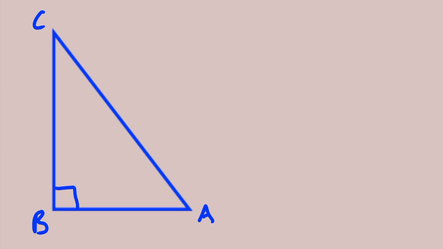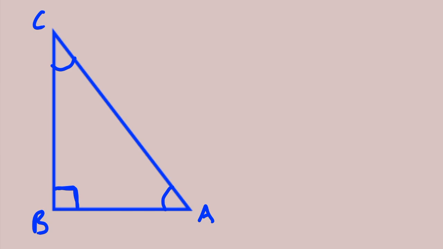What about the remaining two angles? They are compulsorily complementary. Why? Because the sum of the interior angles of a triangle must be 180, so if angle B is 90 degrees, the sum of the remaining two angles must be 90.